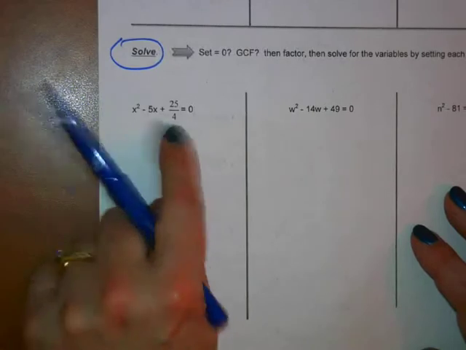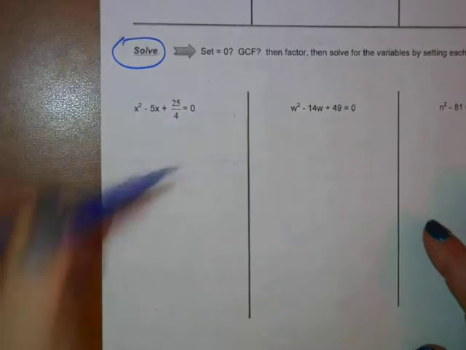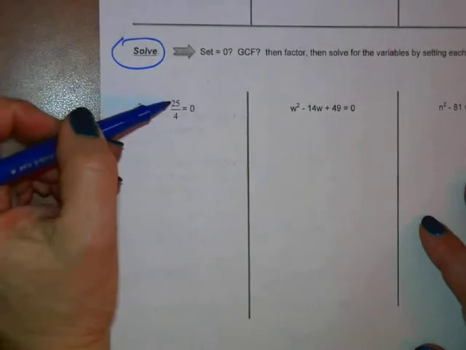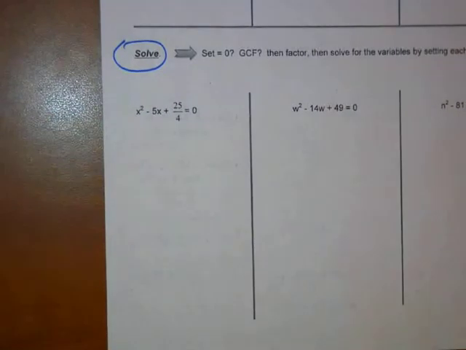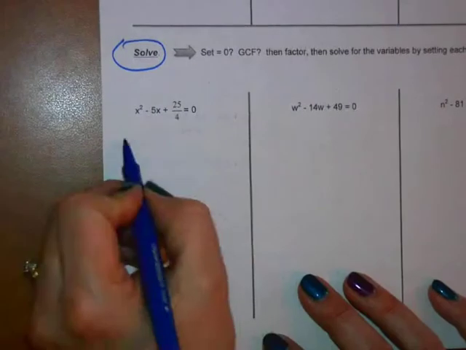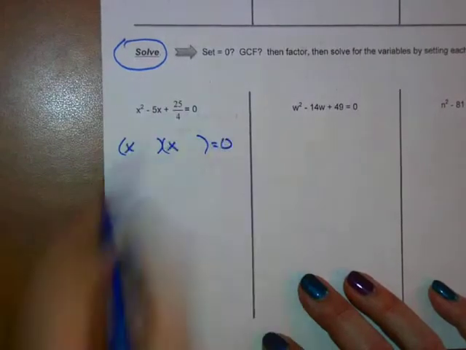I can't divide anything out, but wait a minute. 25 is a perfect square, isn't it? 4 is a perfect square, yes? So 25 over 4 is also a perfect square. Isn't that nifty? So let's just set this up. Let's see what happens. I can do x and x.